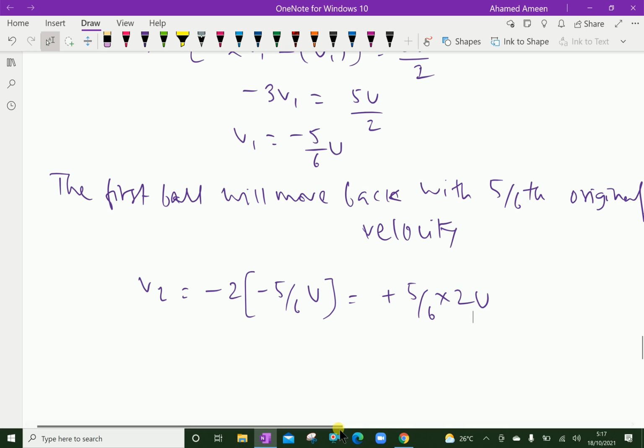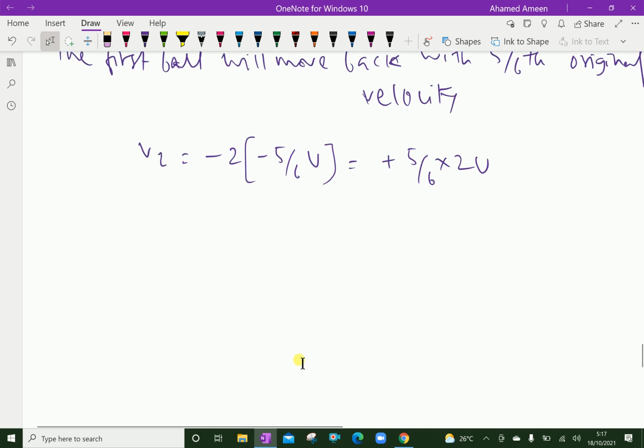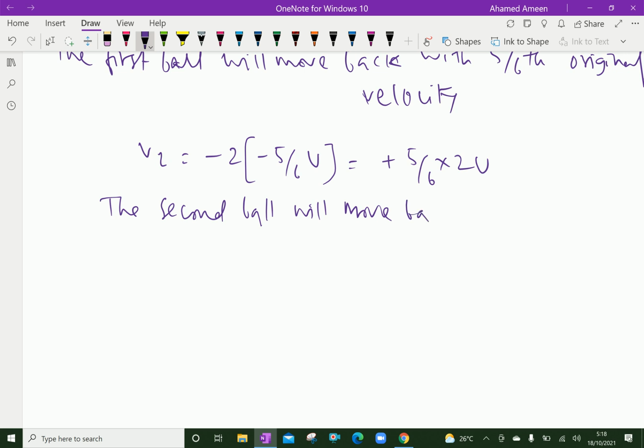Therefore, we can write the result: the second ball will move back with 5 over 6 of its original velocity.